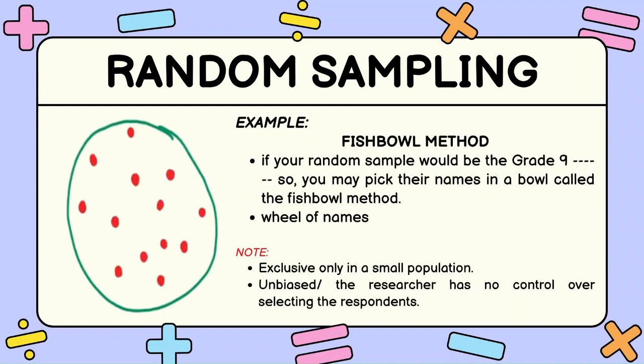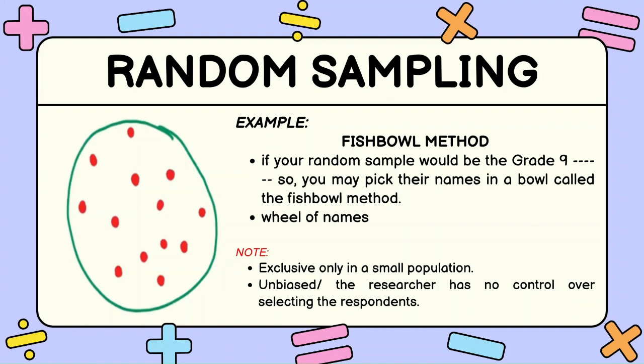For example, we have the fishbowl method. If your random sample would be the grade 9, you may pick their names in a bowl, called the fishbowl method. Another example is the wheel of names. Note, as I've said, that this type of sampling is exclusive only to a small population. This is unbiased since the researcher has no control or cannot manipulate the data in selecting respondents.